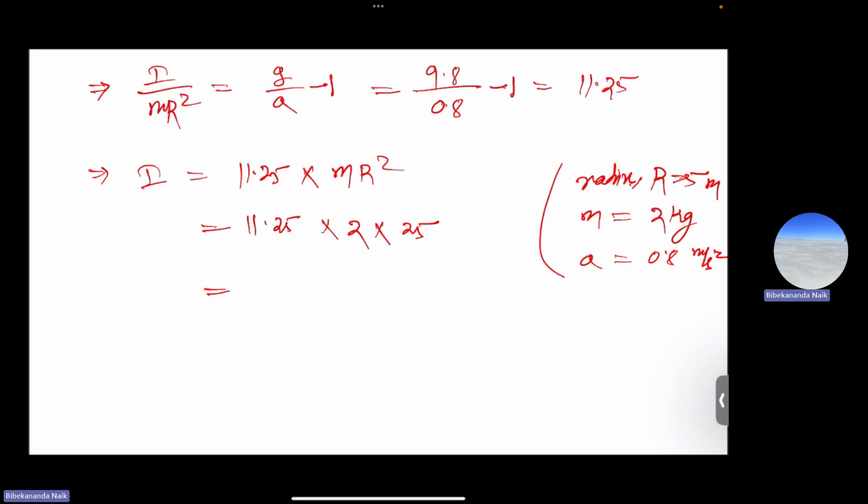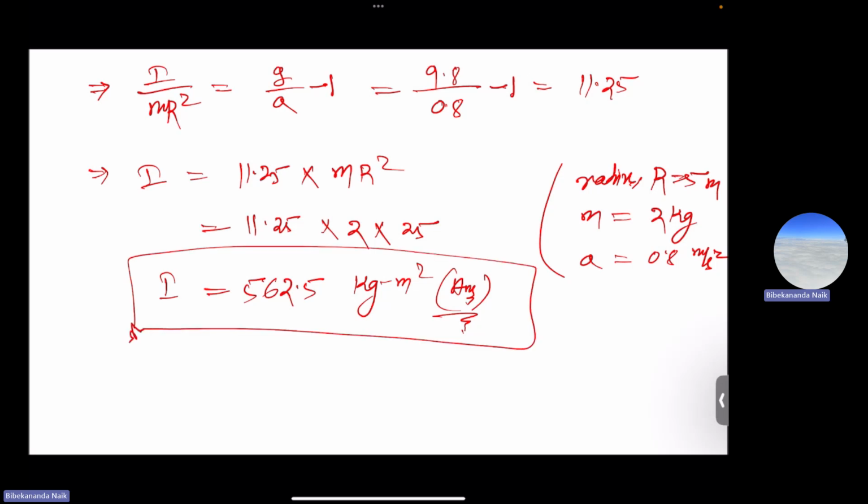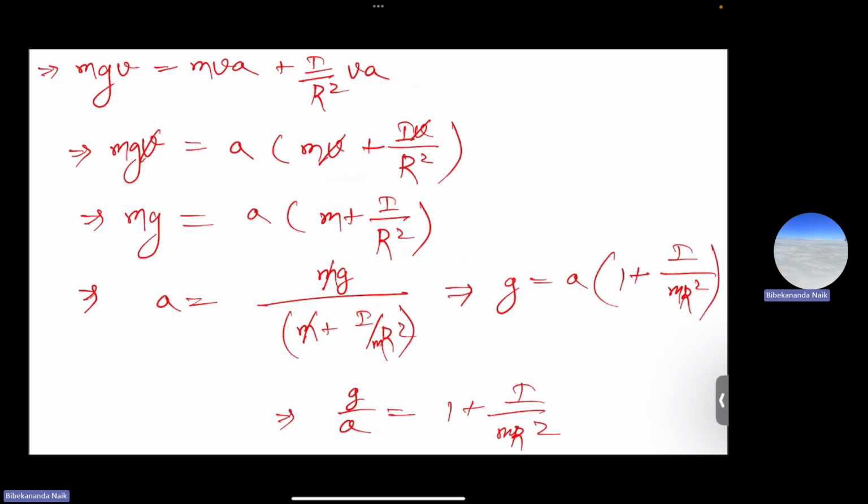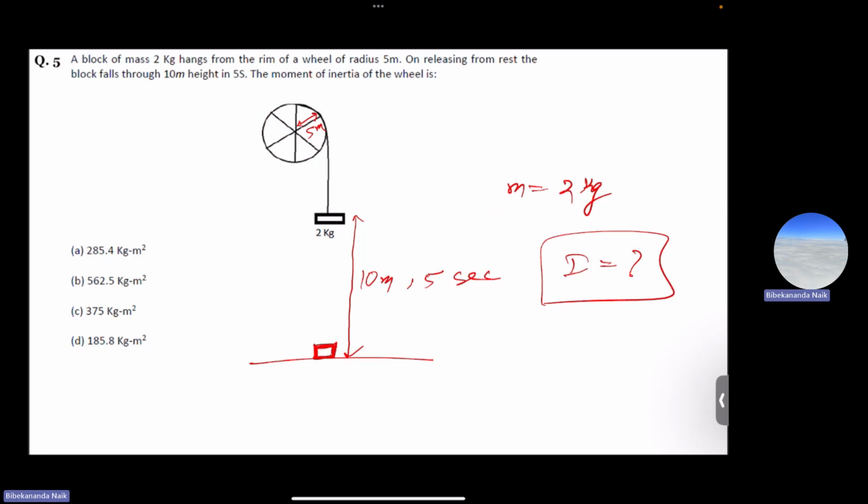So this gives us the value of moment of inertia to be 562.5 kg into meter square. So this is the correct answer: 562.5 kg meter square.